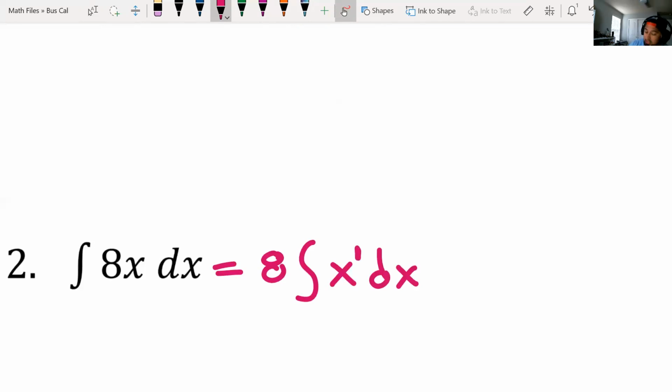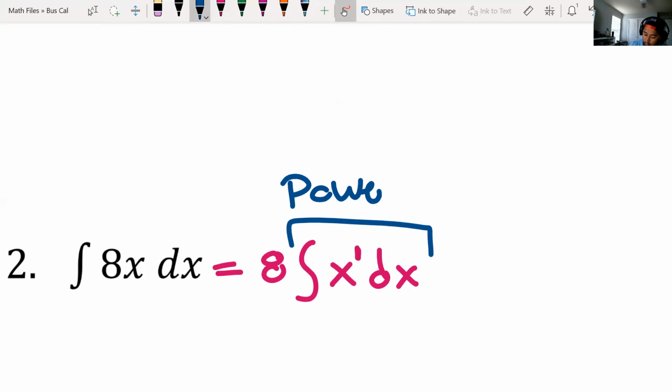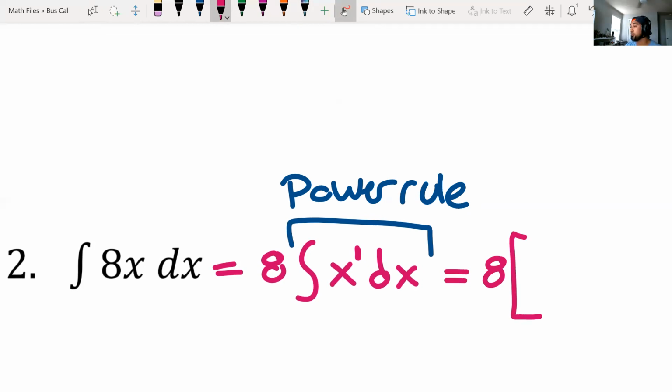This is x to the first power, and we're going to use the power rule, the most popular rule we're going to use today. When we take the integral and find the antiderivative, we're going to get 8, and I'm going to put brackets just to be neat. You can put parentheses if you want.